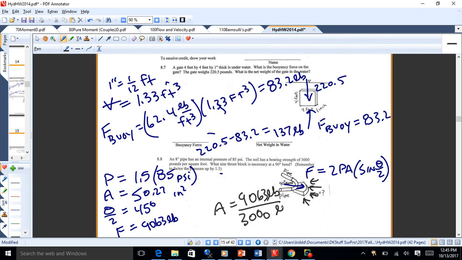Every square foot of soil can take 3,000 pounds. So the required area of the thrust block is just a little bit more than 3 square feet. So that's how big to build that thrust block on the soil side where it contacts the soil.